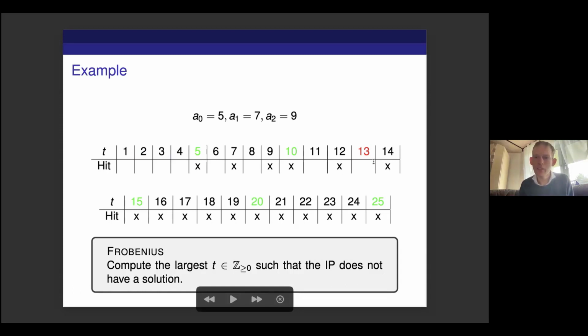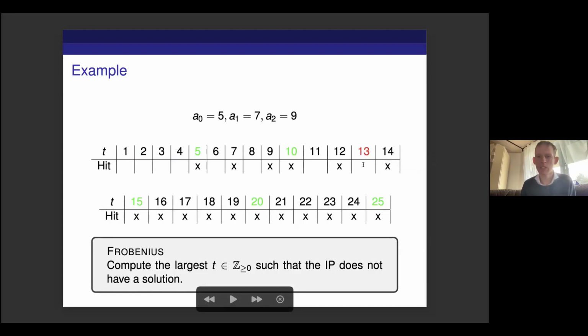And then a very interesting thing happens. At some point there's a threshold where every target value starts to be feasible. Therefore there has to be a largest target value that is not feasible, and that is called the Frobenius number.